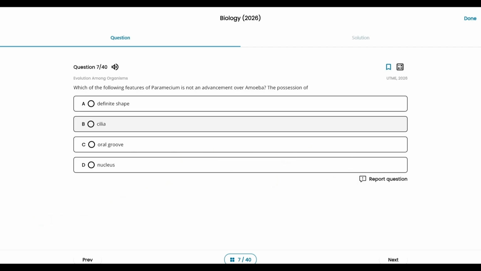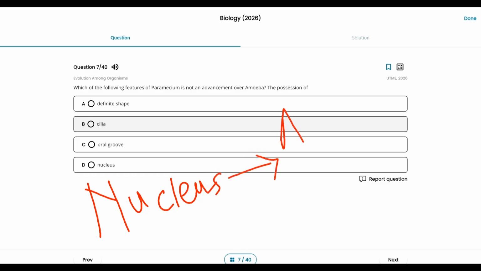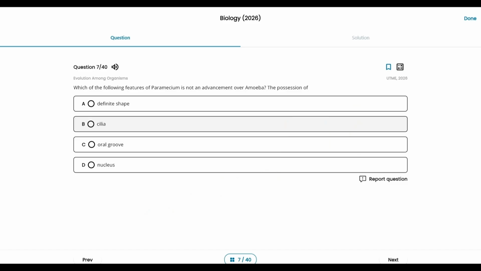Now, let's look at nucleus. Both amoeba and paramecium have a nucleus. If you look at all these options, you realize that they are kind of unique to each individual.